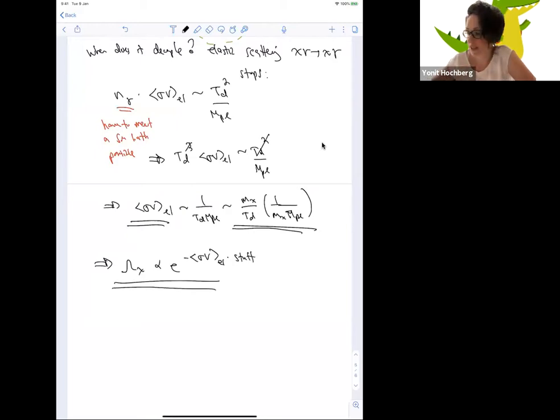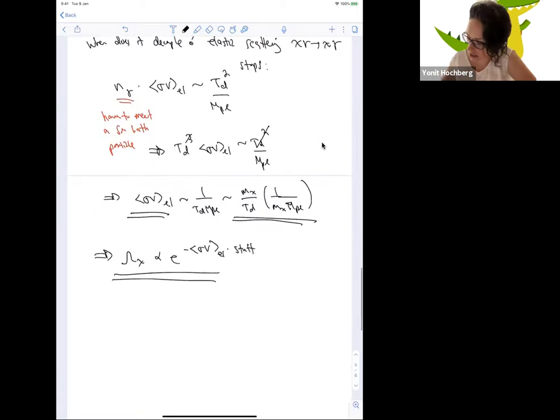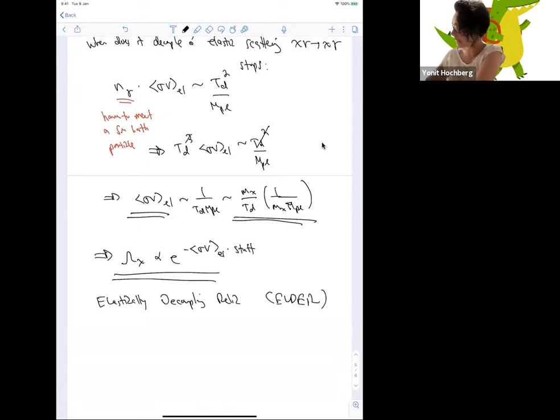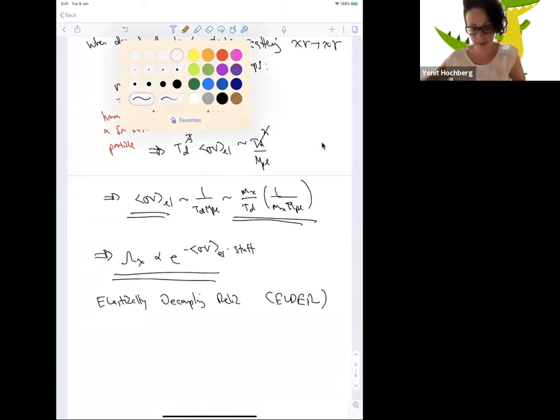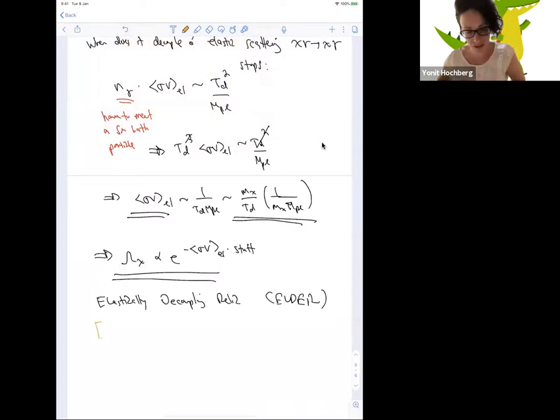So this is the reason that this type of dark matter is called an elastically decoupling relic, or in short, it's called an elder. Well, let me just give you the references for elders. So this you can find in 2 papers. The first one is by Kuflik, Perlstein, and Tsai.